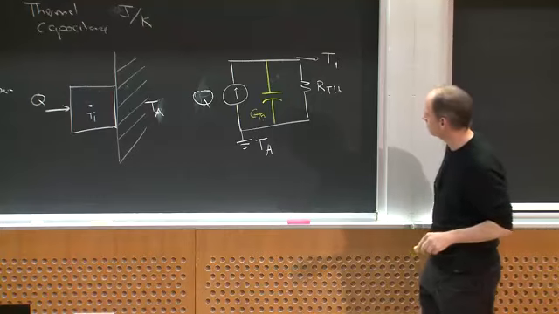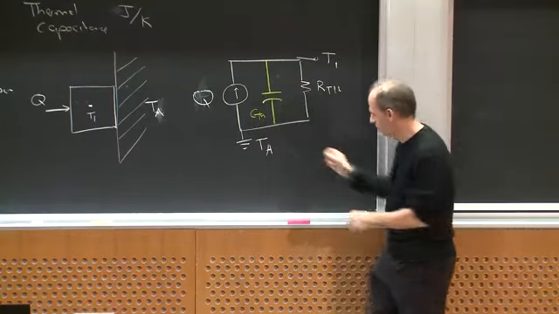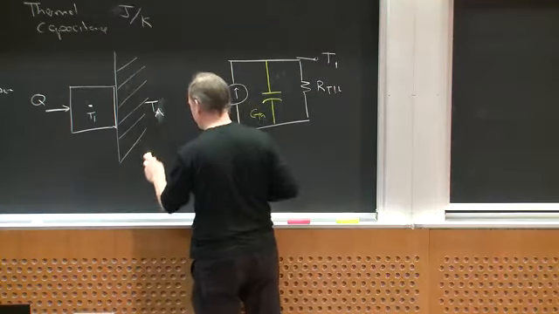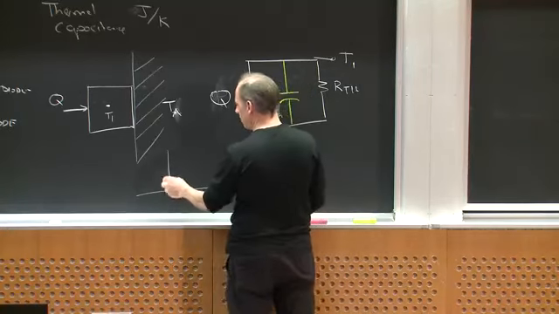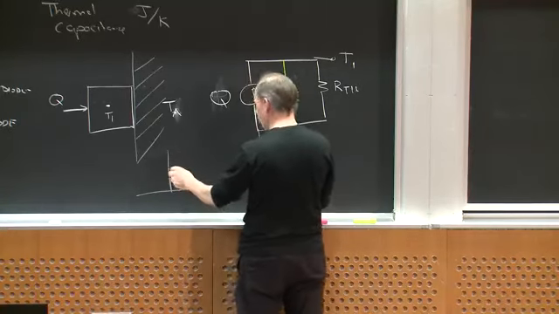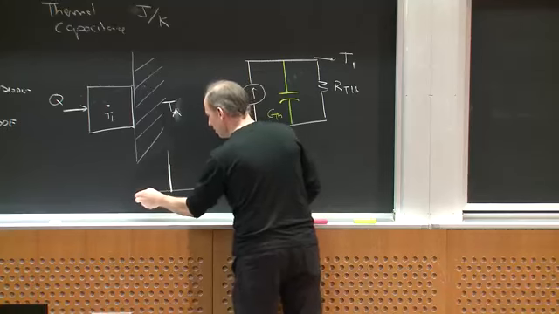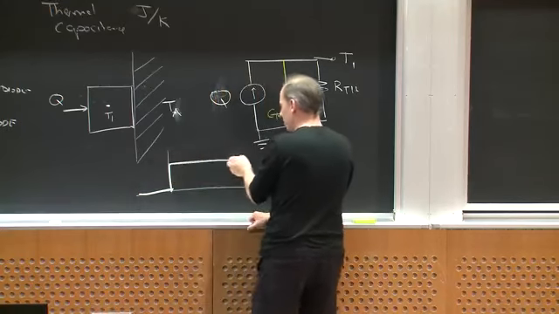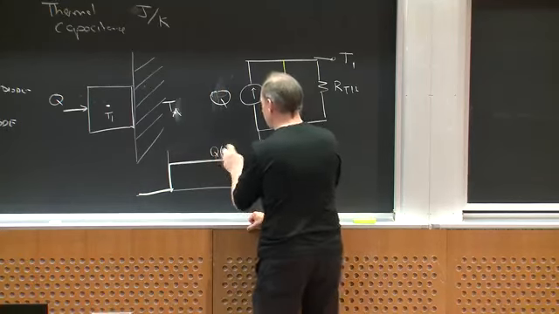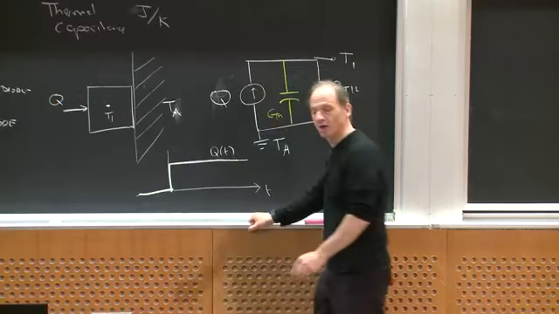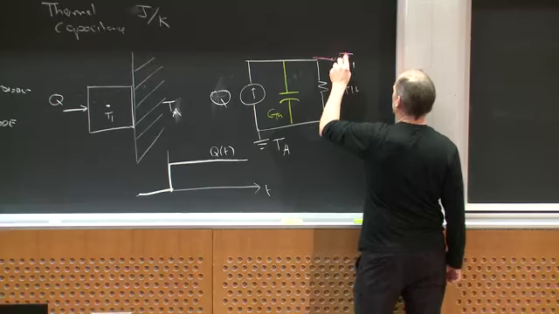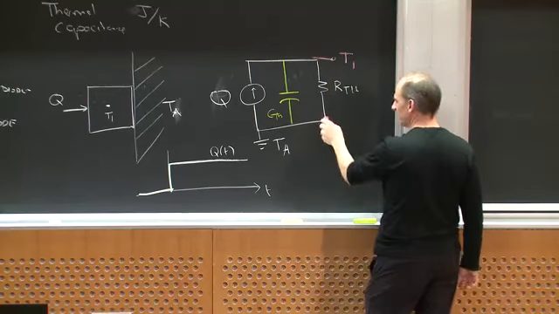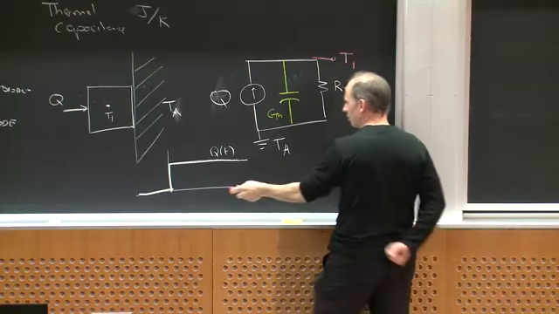Okay? And now this gives me a model so that if at some time, suppose here's T, and I come in here and I say, okay, here is Q of T. It steps. This is Q of T, and at T equals 0, it turns on. What I'm going to get is a T1 with respect to ambient that's going to do this.